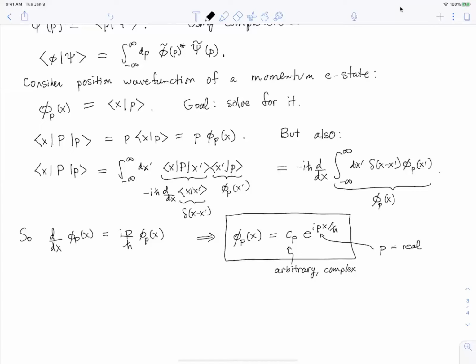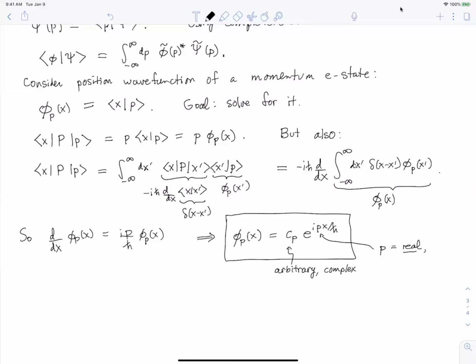And there's sort of two ways of thinking about why it's real. First of all, the eigenvalues of a Hermitian operator we learned are supposed to be real. But we also argued, not very rigorously, but argued anyway, that we can't have this thing blow up at very large distances. And if it were complex, then like i times something, the exponential either at x goes to positive infinity or negative infinity would blow up.